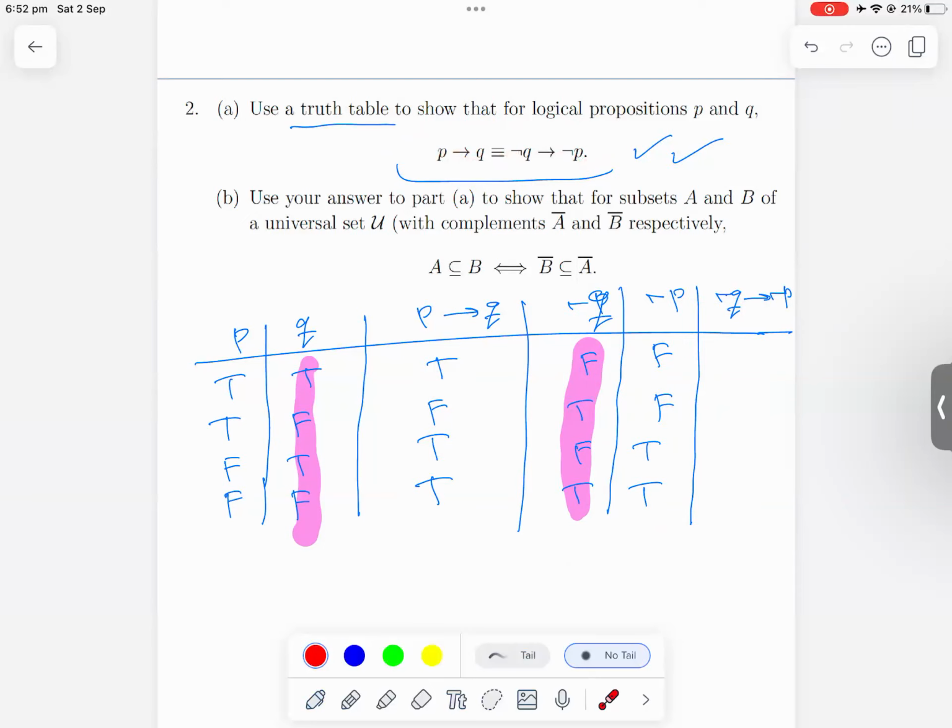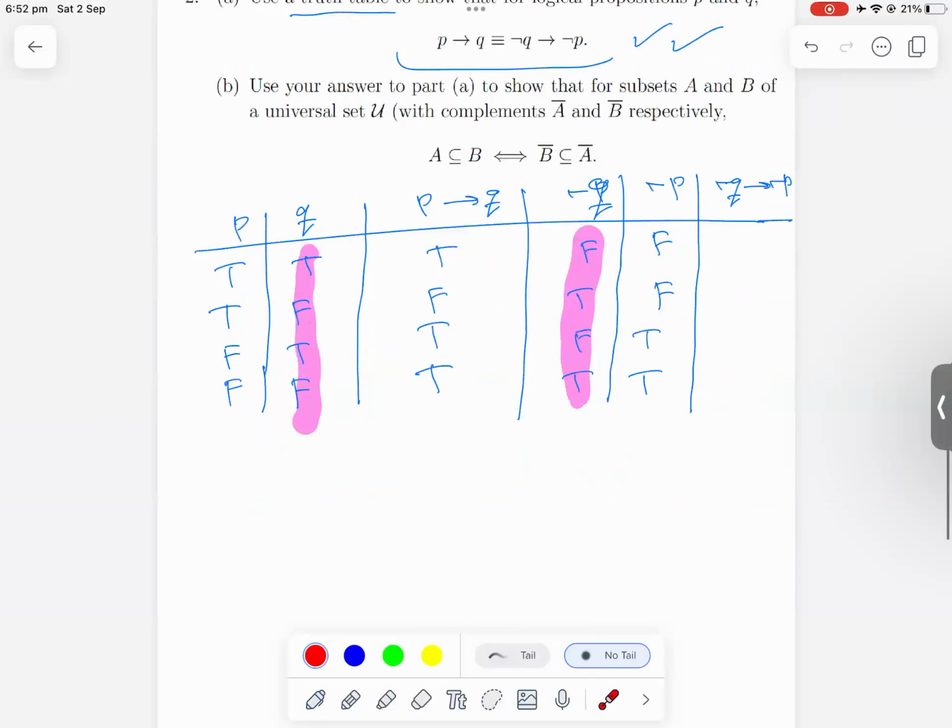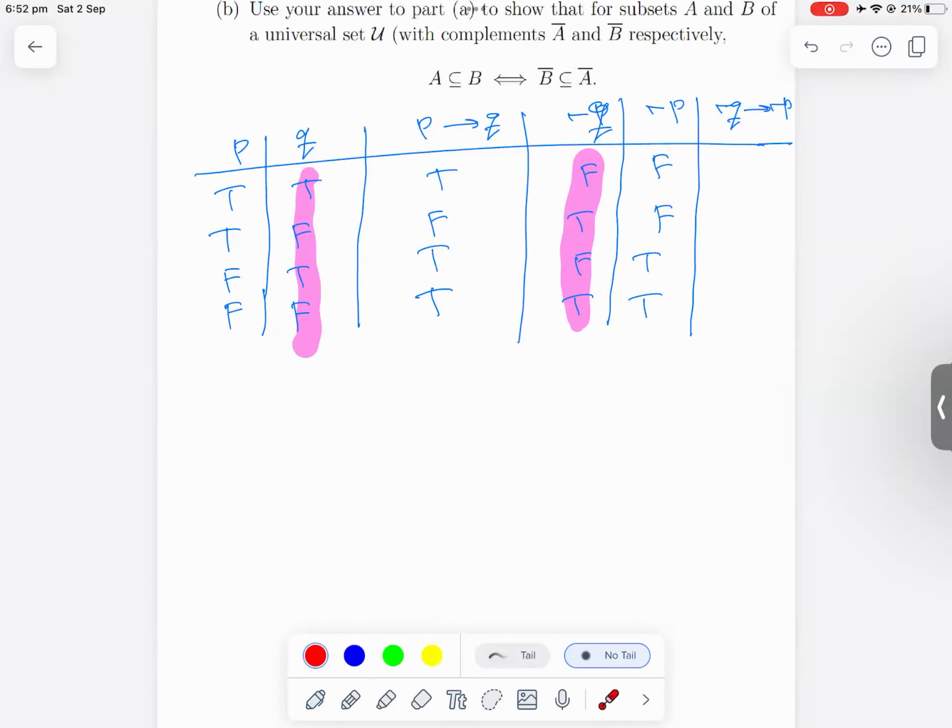Now let's do part B, which you had a similar question in your assignment. Can I see the assignment? It was question 2, part B. So it's like this one.